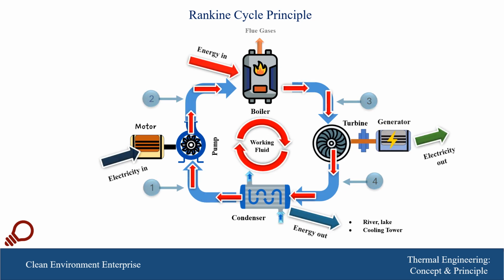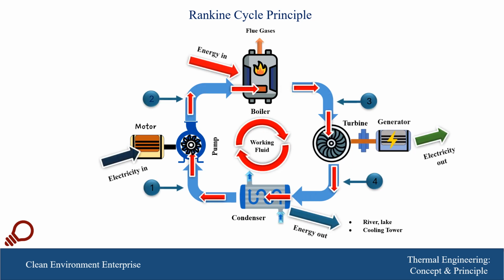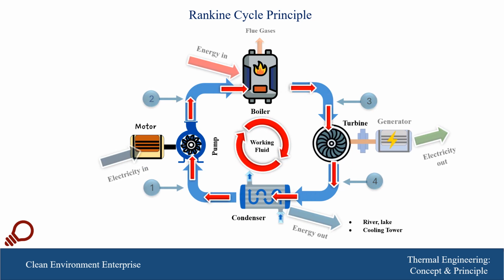Usually, the fluid which leaves the turbine is in a mixture condition that is composed of about 92 to 94 percent dryness fraction, and that means there is some liquid leaving the turbine, and this mixture, vapor liquid mixture, is passing through a condenser where it is condensed, and we can achieve this process by passing a cooling water through the condenser, which can be withdrawn from a river, lake, or even a cooling tower.